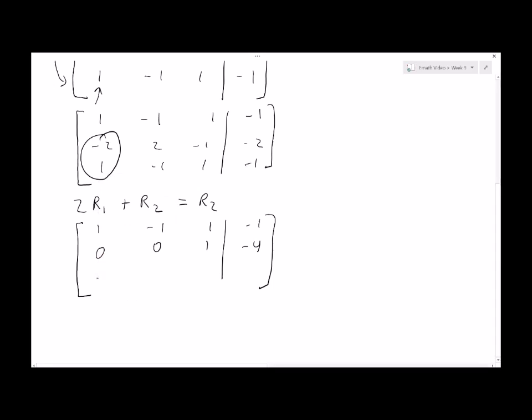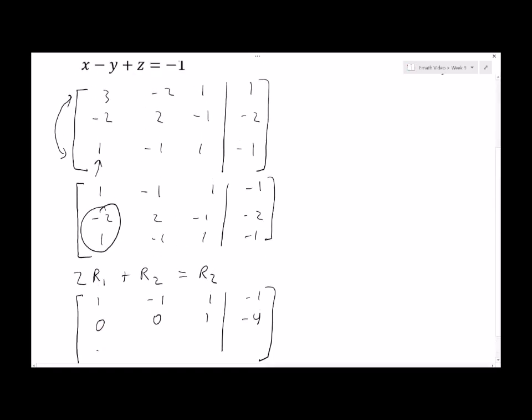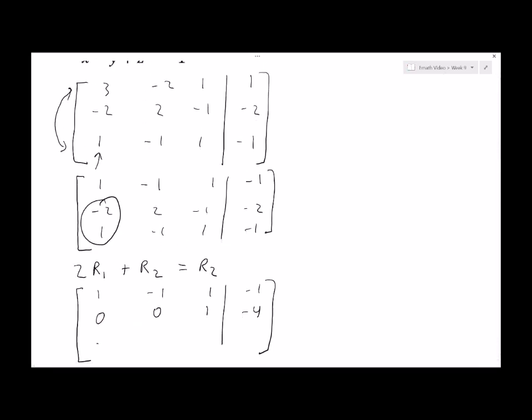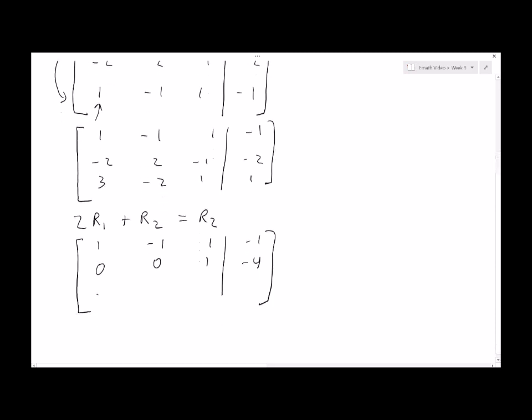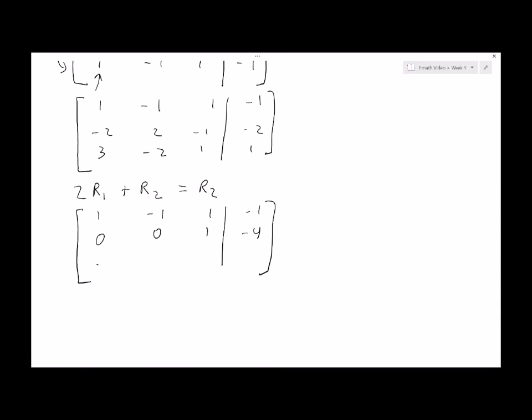wow, I did something wrong here. Yep. I rewrote the third row instead of switching it, so this should be a 3, -2, 1, 1. Awesome. My bad, guys. Alright, so now this is going to be left the same.